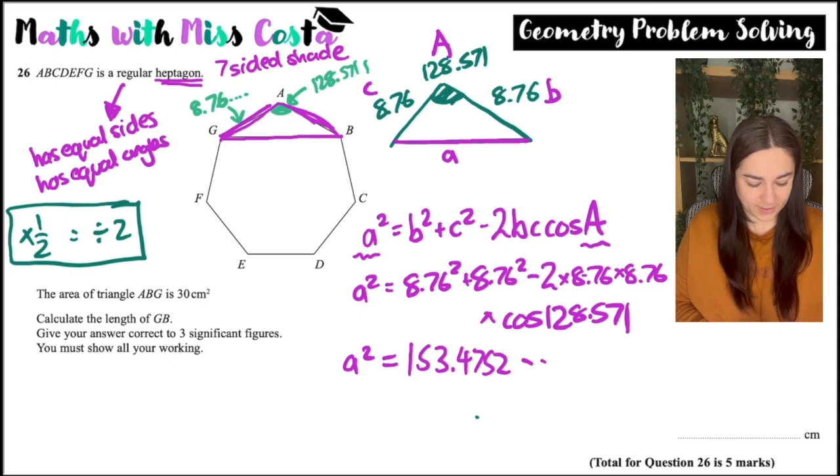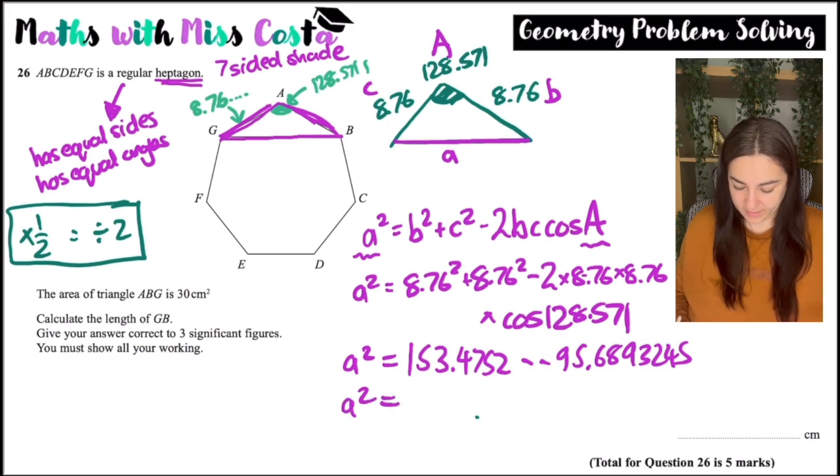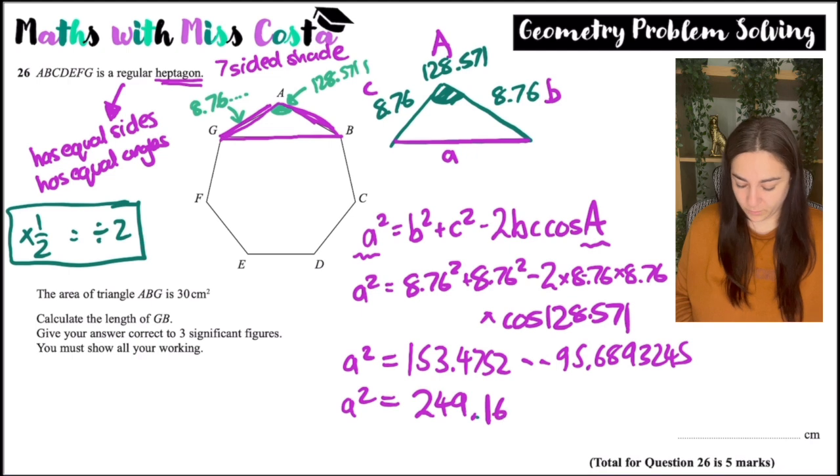Nope, times by 2. That gives me minus 95.689325. So a squared is going to be 153.4752, take away answer, which is 249.1645245.